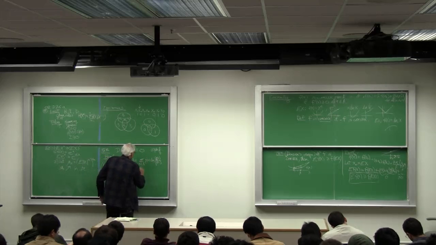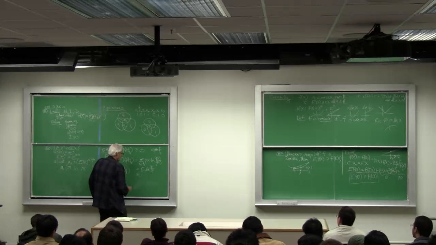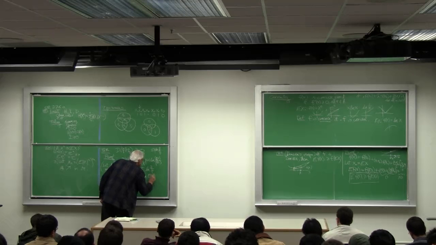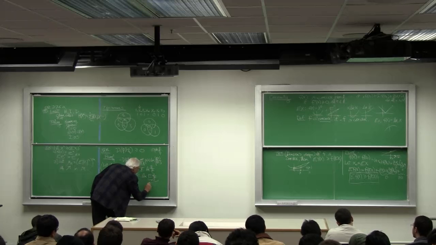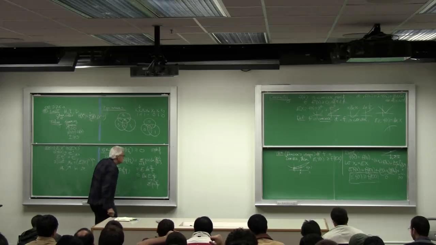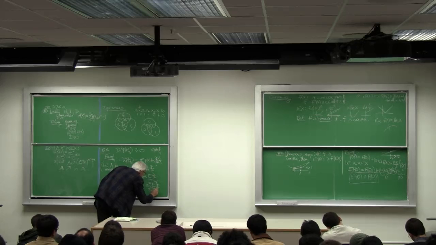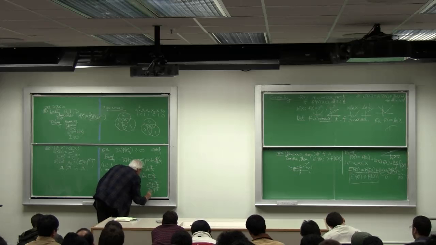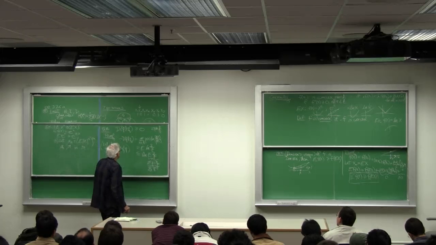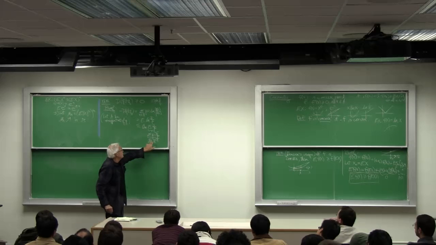All right. This is the expected value of log Q over P, which is less than or equal, by Jensen's inequality, since log is concave, to log of the expected value of Q over P. But the expected value of Q over P is summation P times Q over P. The P's cancel, so this becomes summation of Q of x, where x is in A as before. Now this is log of the summation of Q of x.